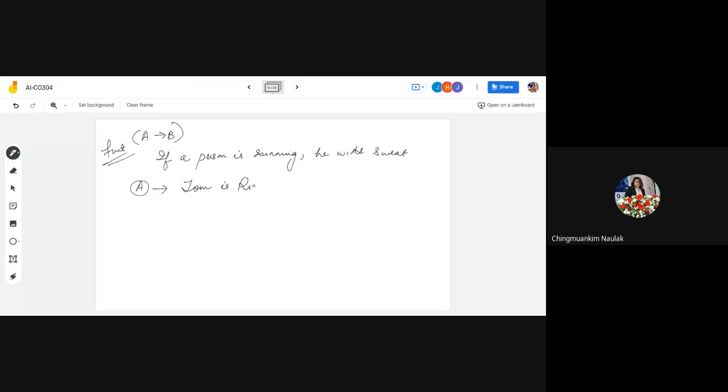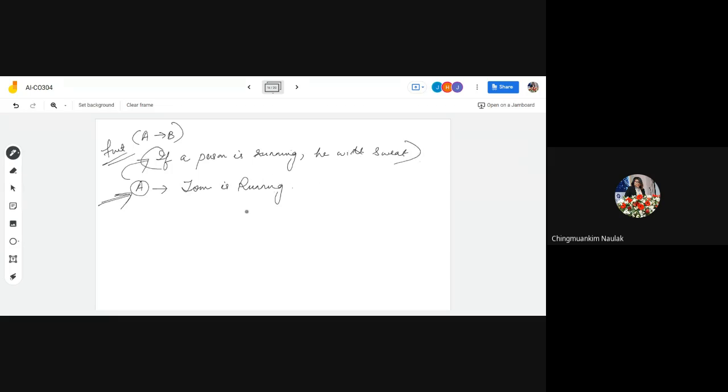Tom is running, and you are to prove that Tom is sweating using this given fact. This initial is given to you, and you are to prove Tom is sweating using the given fact.